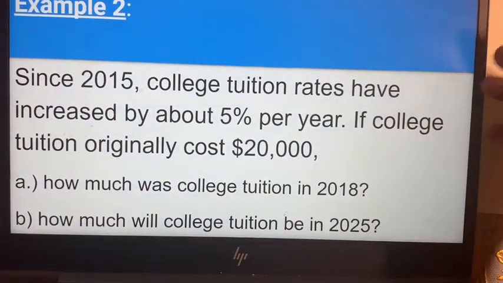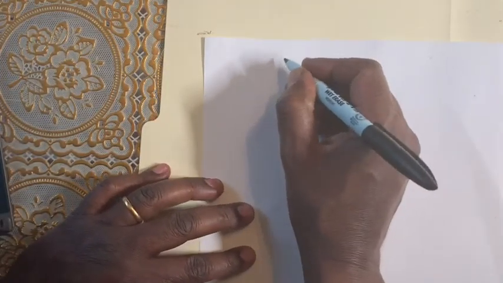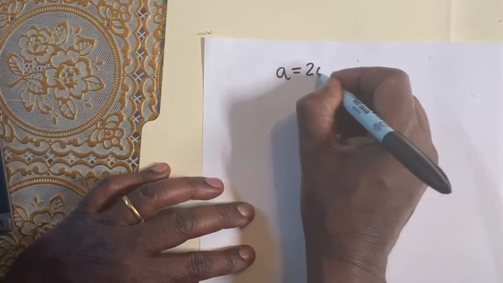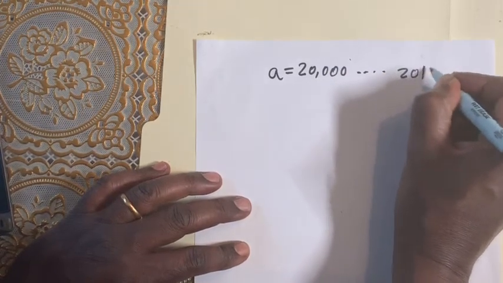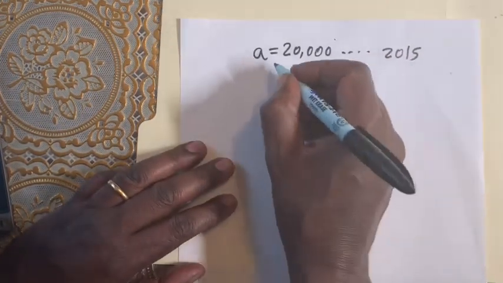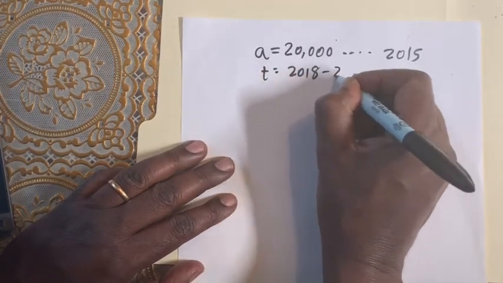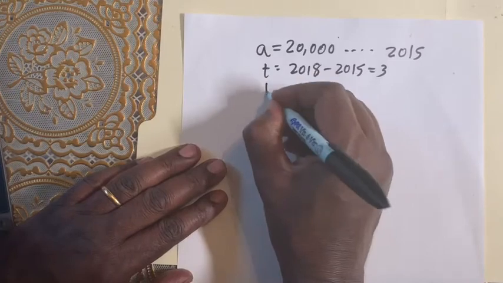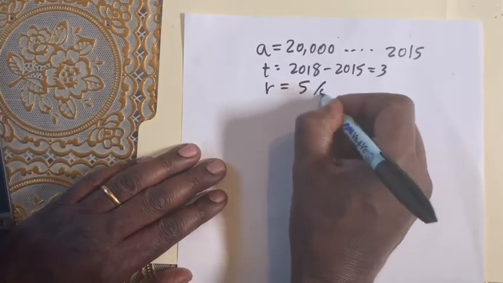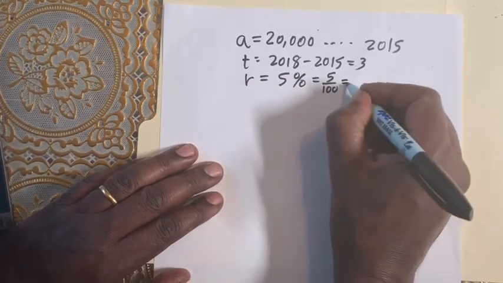Let's do this problem. So the initial amount A is considered as 20,000, which is what the college tuition fee was in 2015, and then the time is 2018 minus 2015, which is 3. The growth rate r is given to be 5%, where 5% means 5 over 100, which is 0.05.